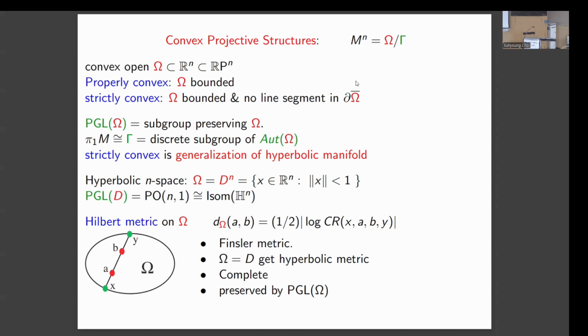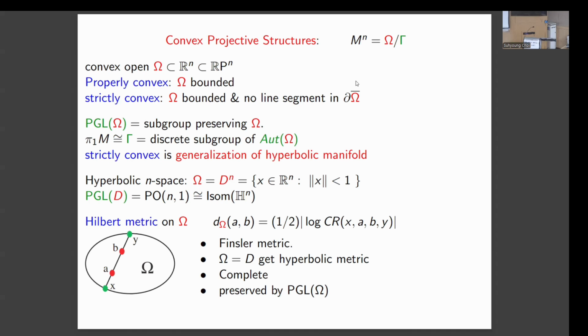And the formula for the distance between these points is given by something involving the cross ratio. The factor of a half here you may put in or not. If you put in the factor of a half, then it has the advantage that when you apply this formula to this disk, you get the hyperbolic metric. If you leave this out, you get a multiple of the hyperbolic metric.